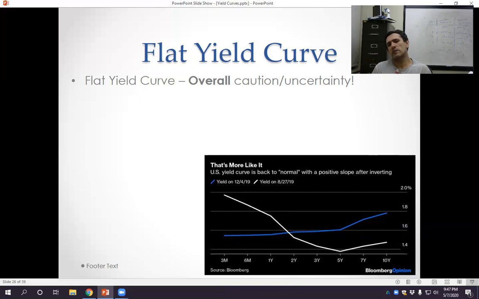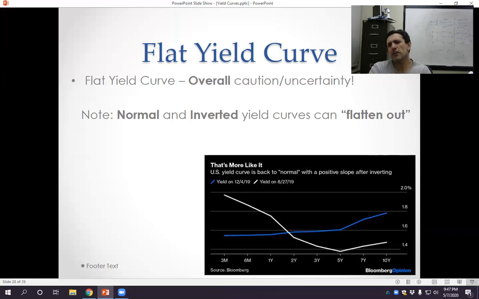Overall, flat yield curves are indicative of uncertainty and caution in the market. It's very typical for normal curves to flatten out before they completely invert, and conversely, inverted yield curves often flatten out before they turn back into normal yield curves.